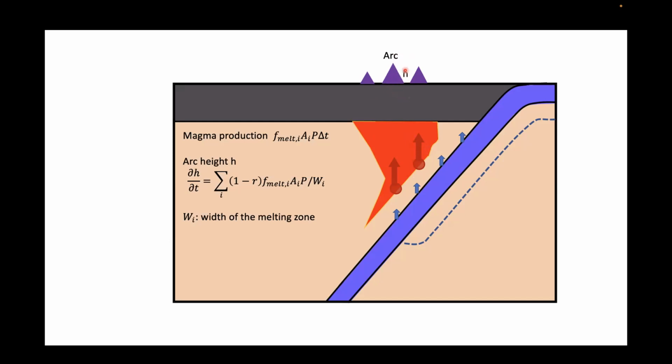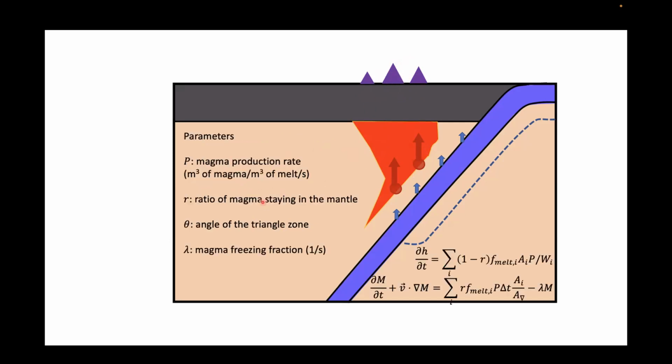Some of it stays in the mantle, an R ratio staying in the mantle, and 1 minus R ratio goes to the surface and becomes the arc. So we can calculate the amount of the arc that is generated.